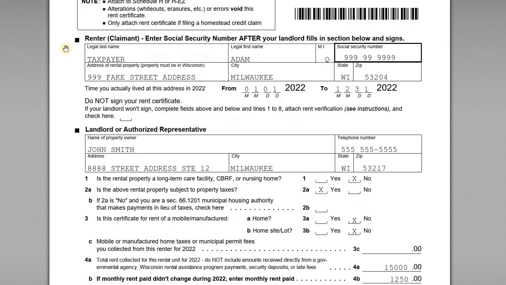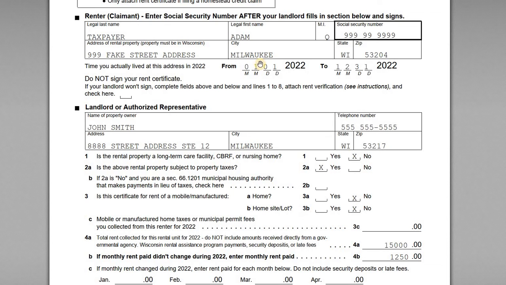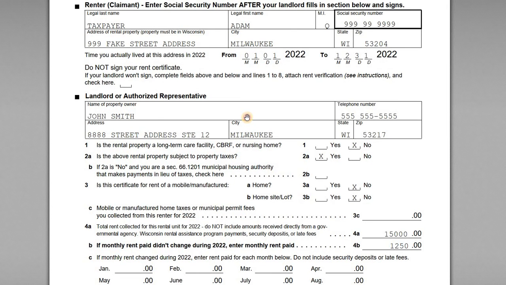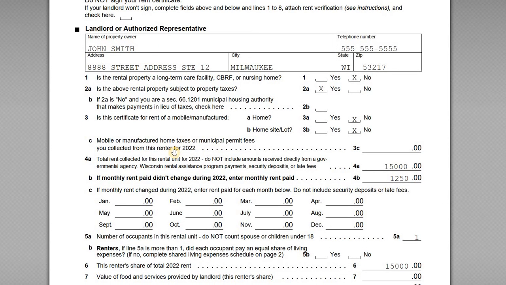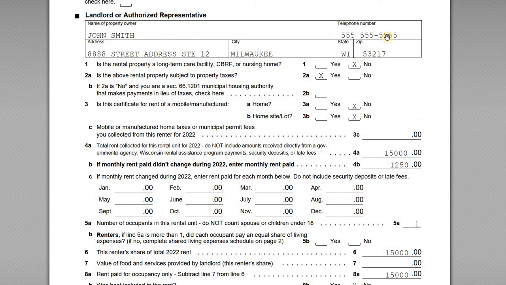So the rent certificate, we'll see here the renter is just you as the taxpayer at the time you lived at the property, and then the landlord of the property. So if John Smith was renting this property to the taxpayer, or Adam Taxpayer here, John Smith is the landlord, but complete the rest of these fields here.